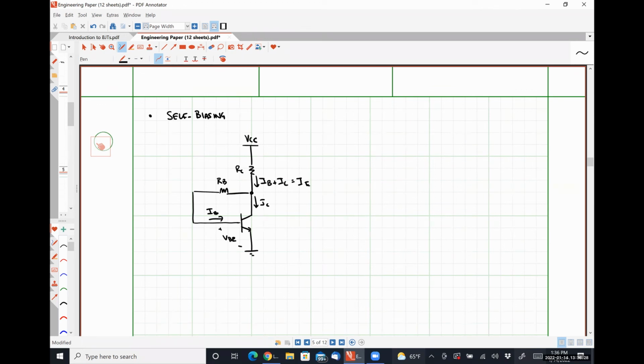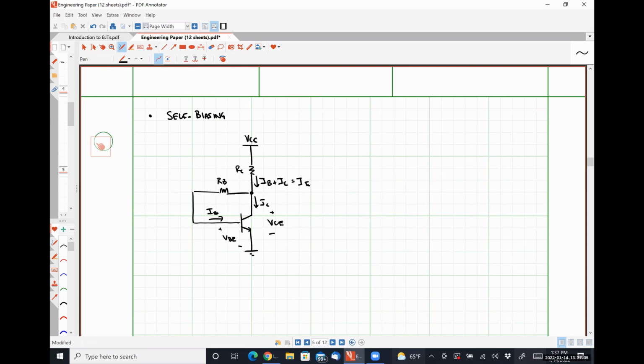Is it feasibly possible for this circuit to operate in the saturation mode? All right, so this guy right here is VCE. Shouldn't matter.